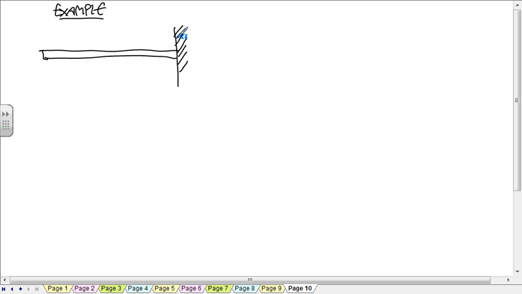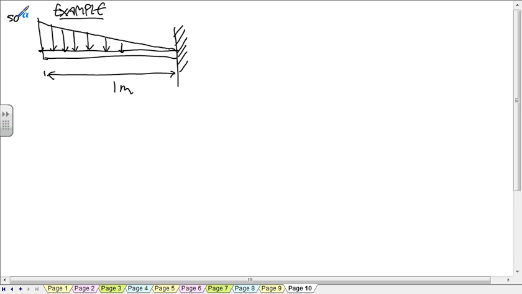Now let's say that there's no loads except this triangular distributed load, and that this is 1 meter long, with a maximum of 5,000 newtons per meter.